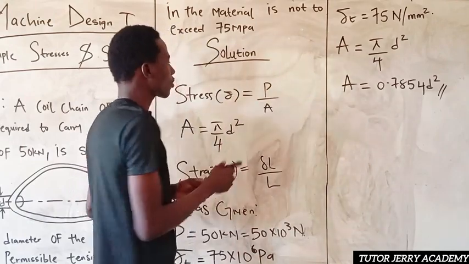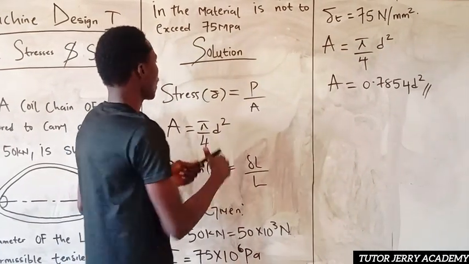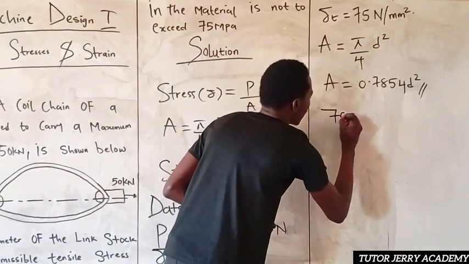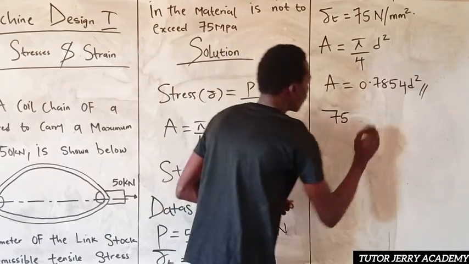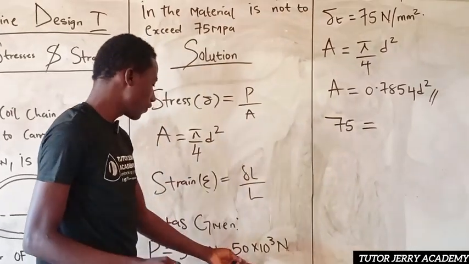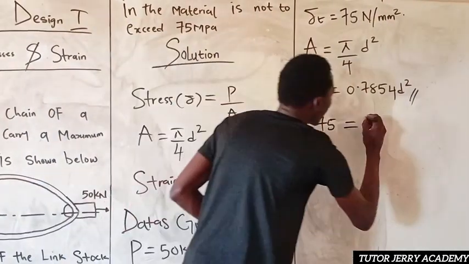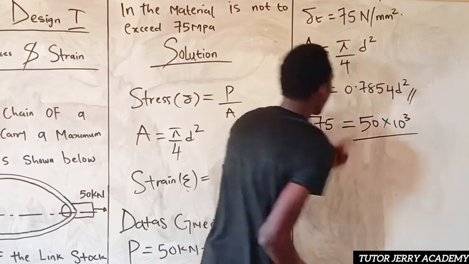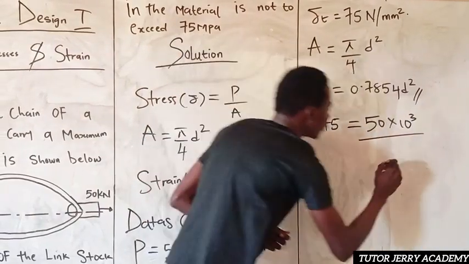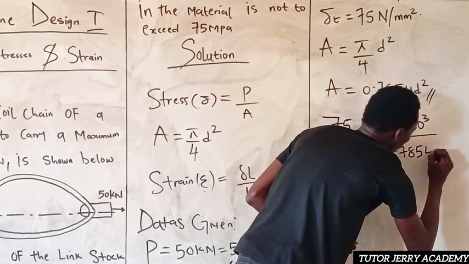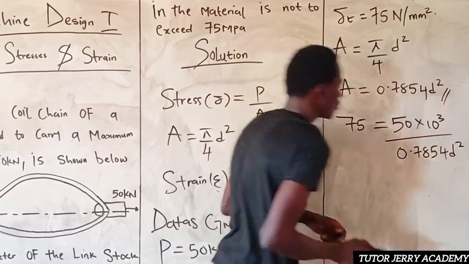We know that stress is equal to load all over area. Our stress here is 75 newton per millimeter square, which will be equal to our load, 50 times 10 to the power of 3, all over our area, 0.7854 d square.